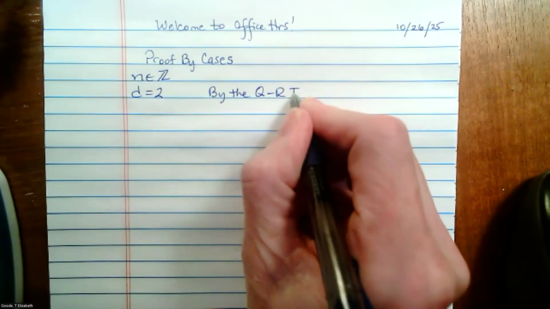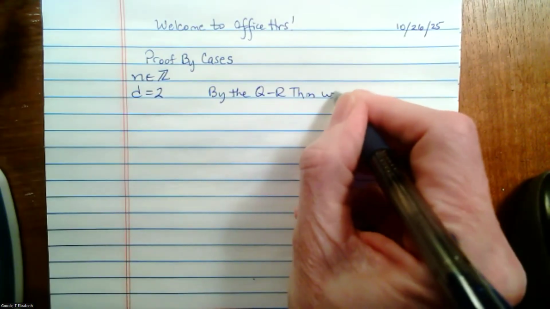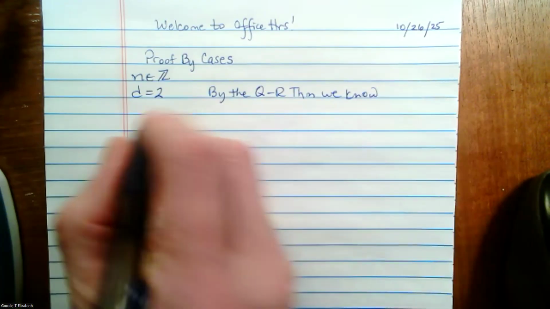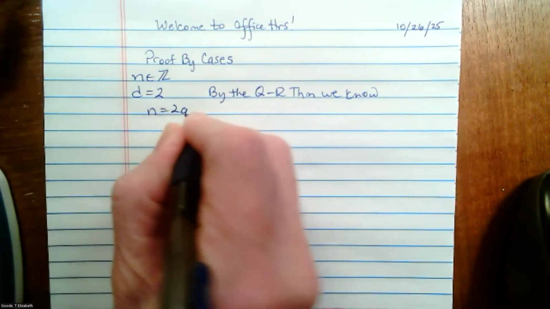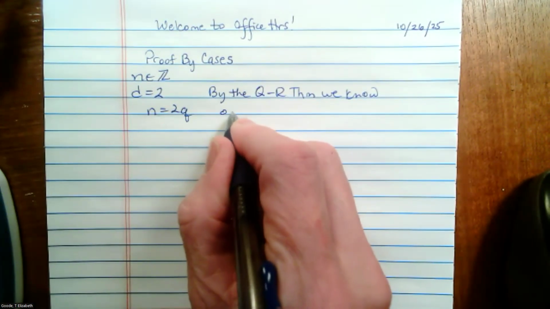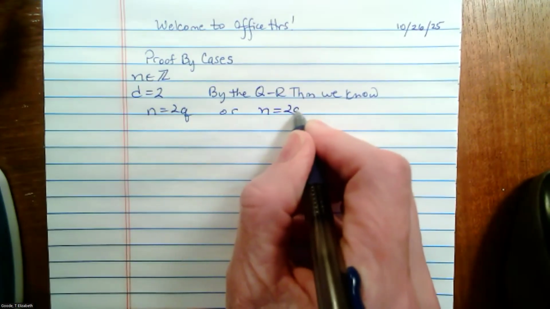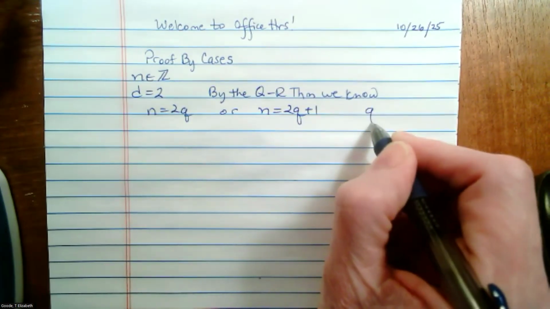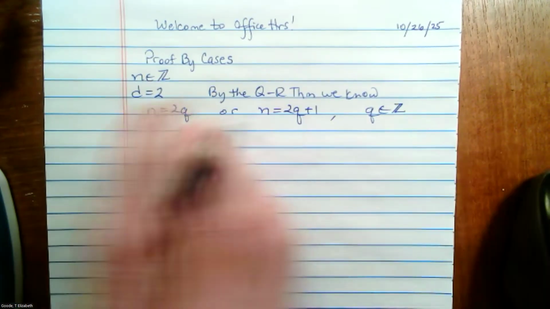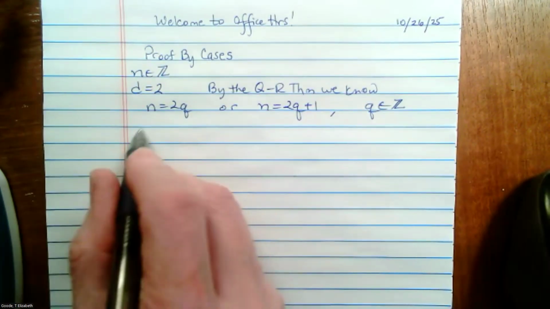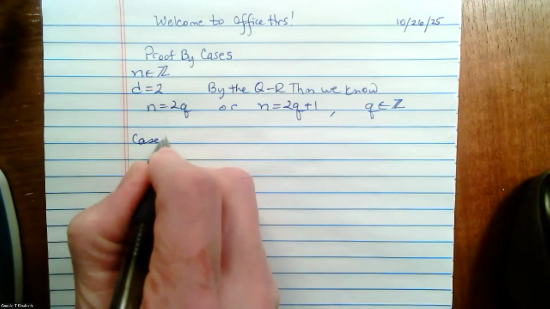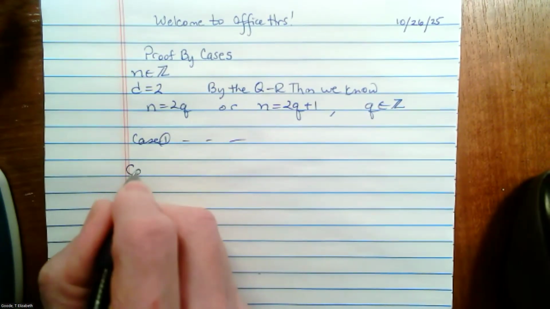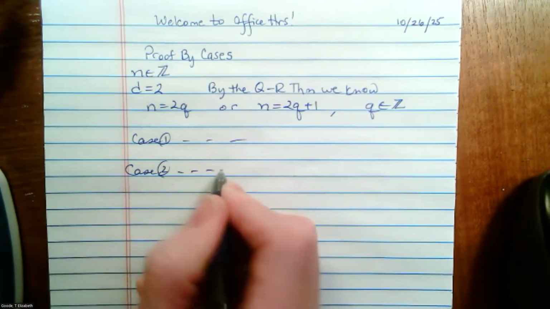So by the QR theorem, we know either n equals 2q, remainder 0, or maybe n equals 2q plus 1, with q in Z. So we set up the cases at the top, and then we write case 1, whatever it is, and then case 2, whatever it is.